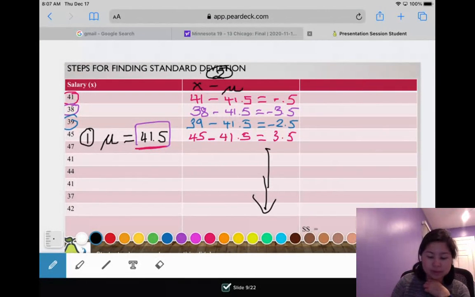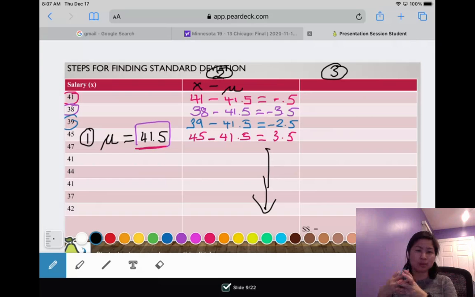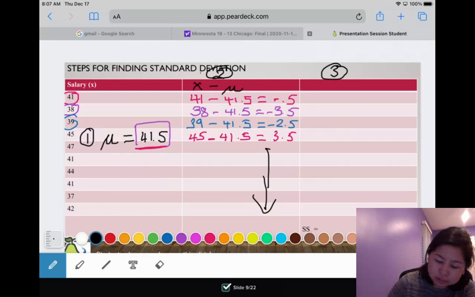So if I look over here, I'm doing the same thing. I should have these values. Step number 3: here's the thing. When I have these negative numbers, I don't want negative numbers, because when I add those together, somehow they cancel out and I end up with a 0, which I don't want. So step number 3, this is a mistake that I got a lot from my other class: you square the deviation.